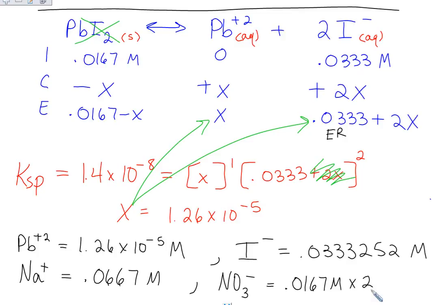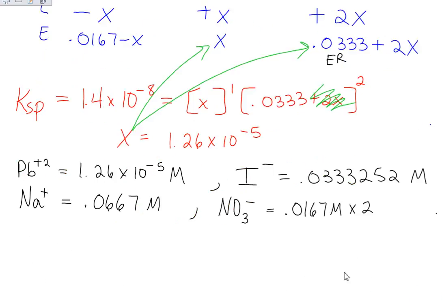We're going to get twice as many nitrate ions. And so all we got to do is plug that in, and I think we're almost done. Nitrate, 0.0. How about 3, 3, 4? Here they are.